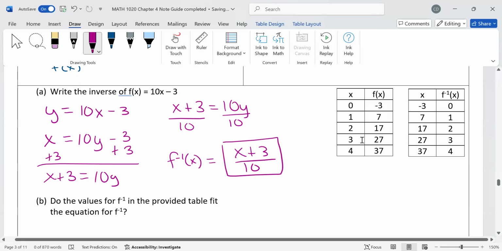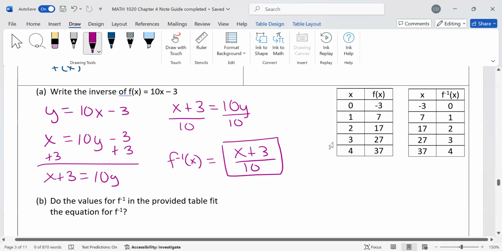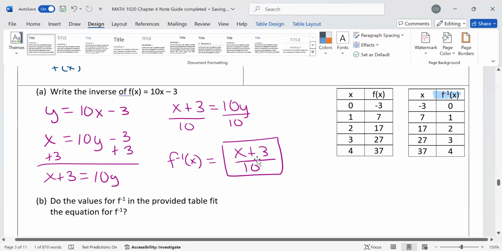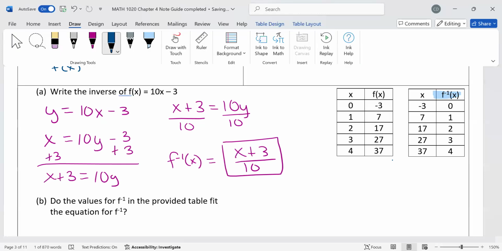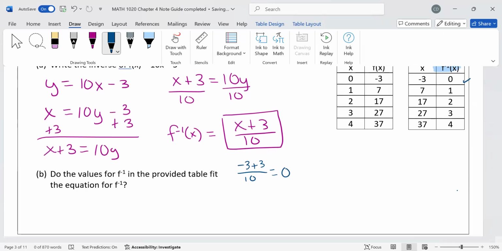So they want to know, do the values for f inverse in the provided table fit the equation? Okay. So we're going to use the second table because that's the table for f inverse. We're going to go through and plug in those values. So we're going to plug in -3. So it gives me 0 on top. 0 divided by 10 is 0. That one matches. Plug in a 7.